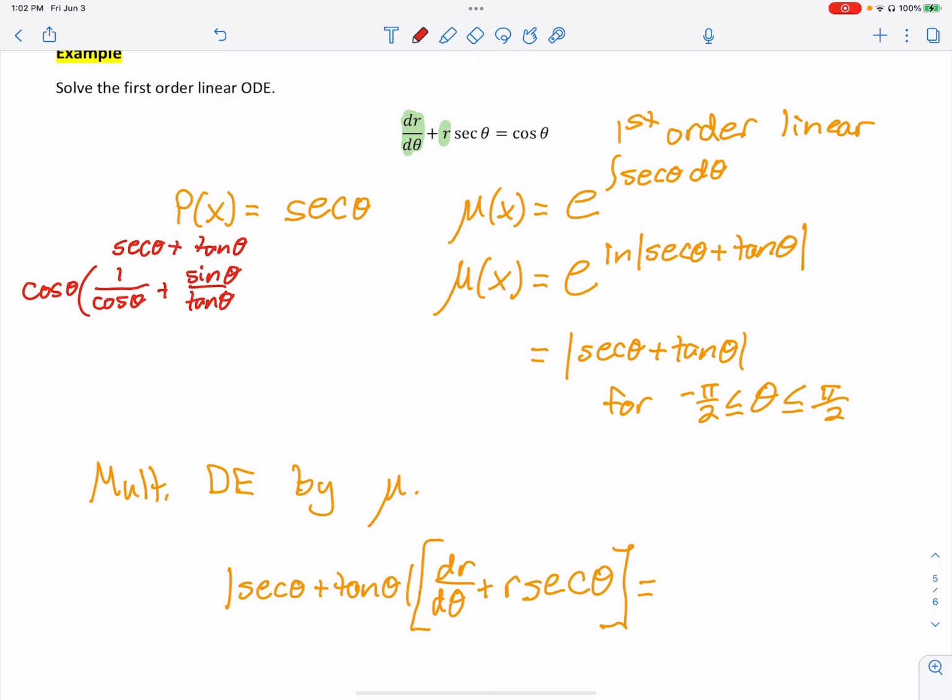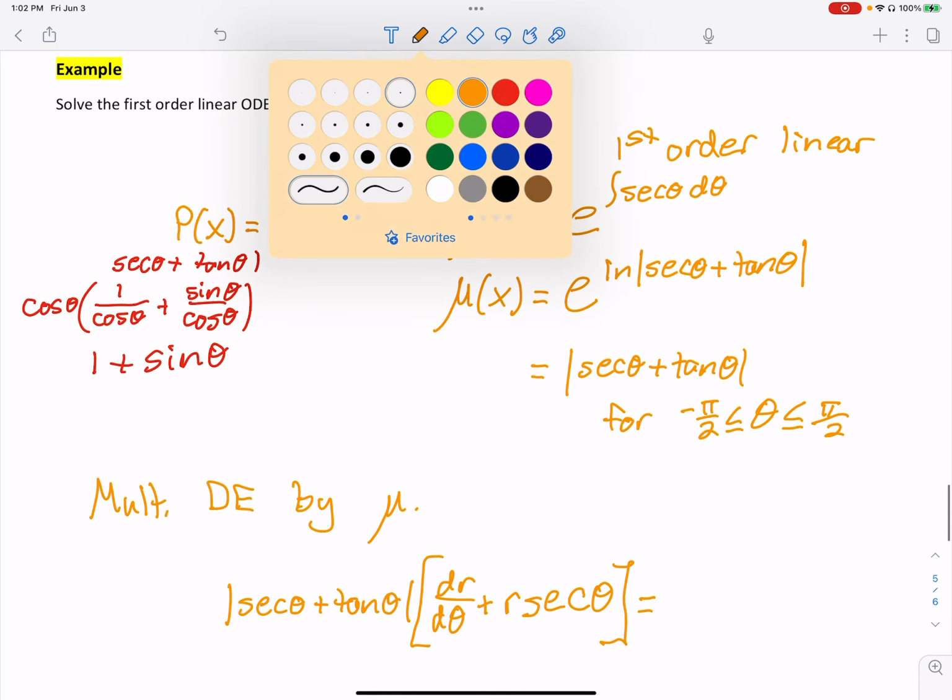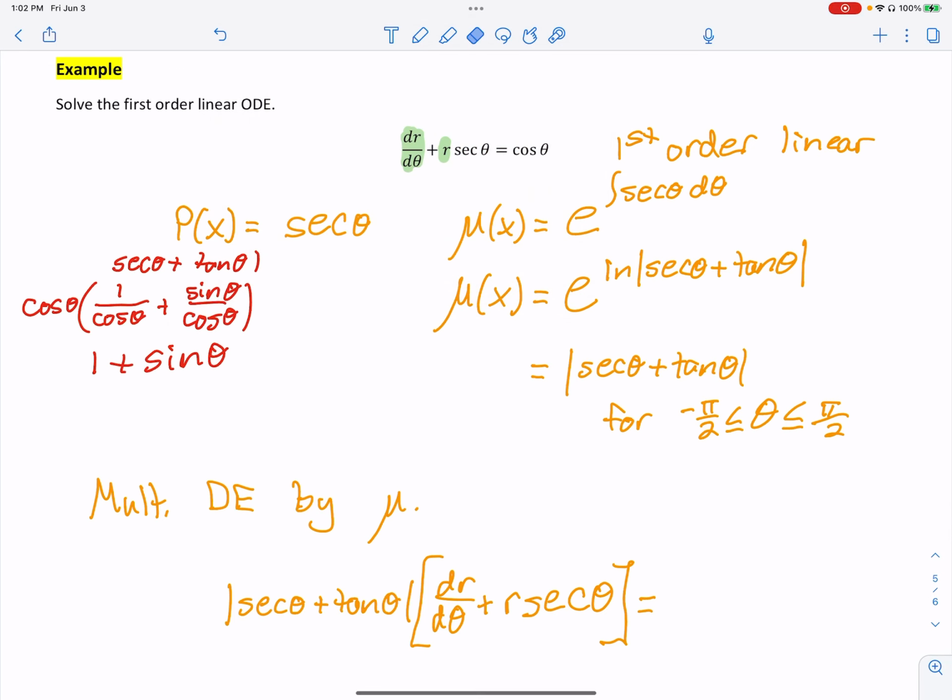We just changed them to sines and cosines. When we multiply, we get a 1 plus sine over cosine. Here the cosines cancel, and we're left with sine. So on the right-hand side of this equation, it didn't get much more complicated. So 1 plus sine of theta.